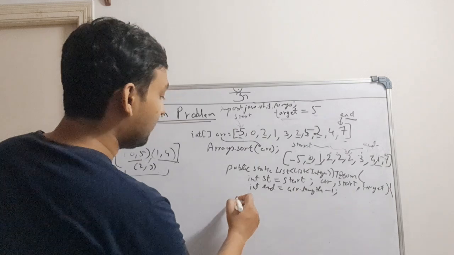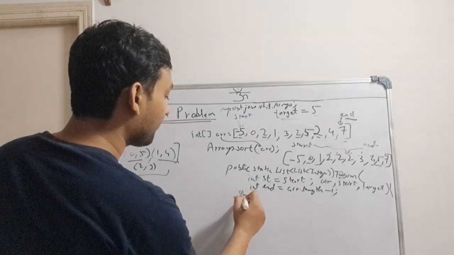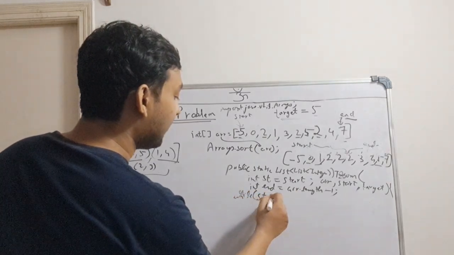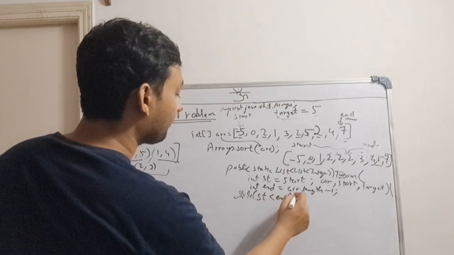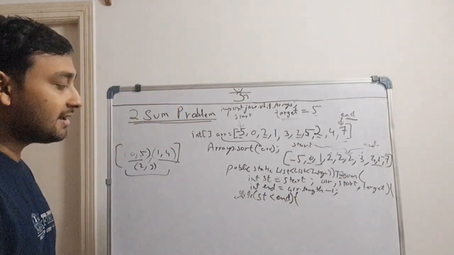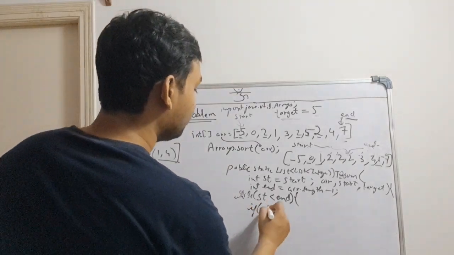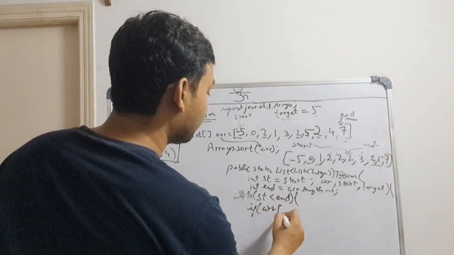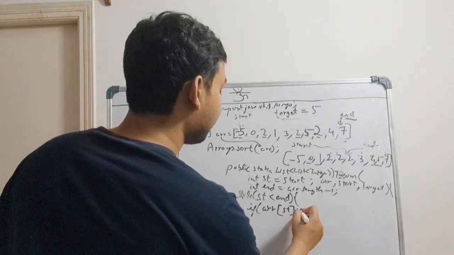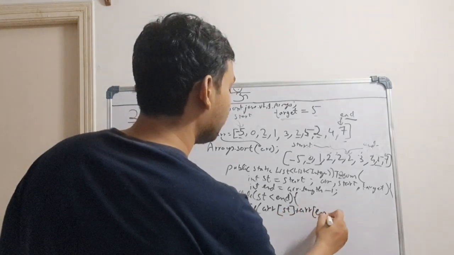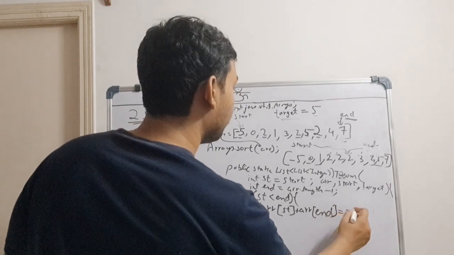First I will run one while loop: while start is less than end. Within that, the first case will be when array at start plus array at end is equal to my target value.